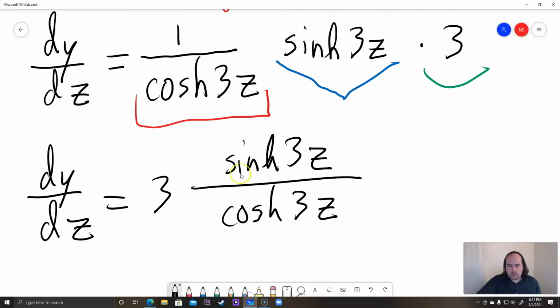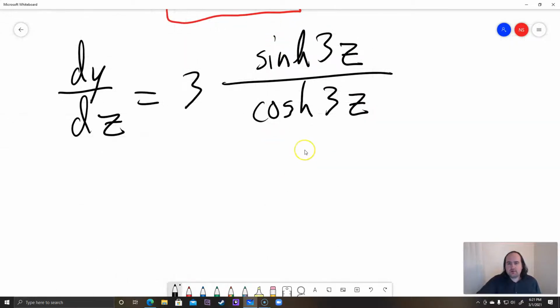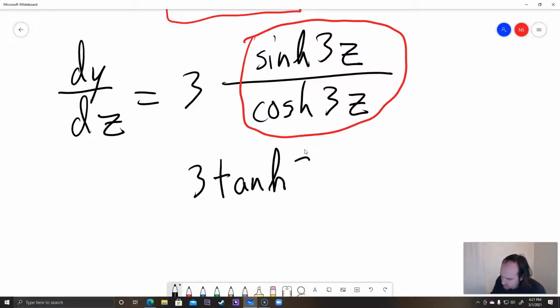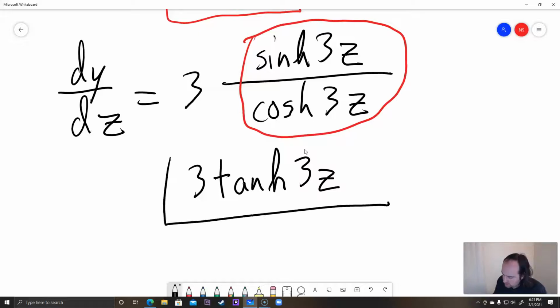So that's actually what we're going to do to finish simplifying this here. So here, instead of x, we have 3z, but as long as it has the exact same expression, we can use the identity. Okay, so instead of writing sinh of 3z over cosh of 3z, we can write that as tanh of 3z. Okay, so we have 3 times tanh of 3z. And that's our dy dz, which is our derivative. That's our answer.